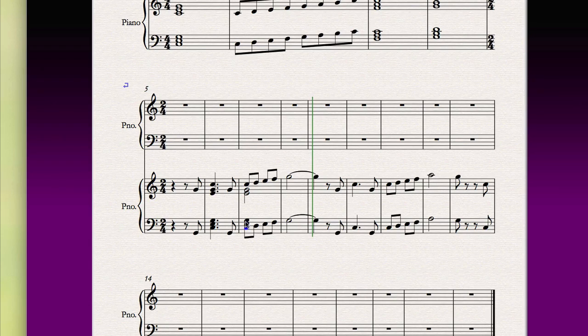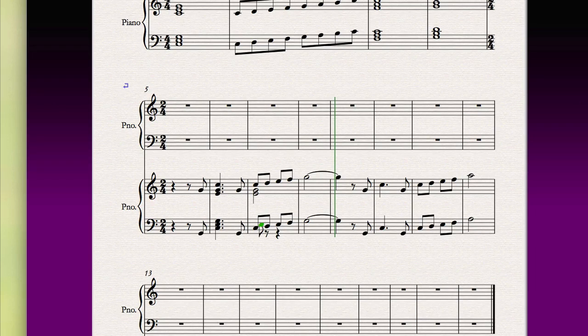Oops, didn't want to erase that. Okay. And now we should be able to do a half note there on that. Half note, and then there we go. Okay, so let's listen to this.